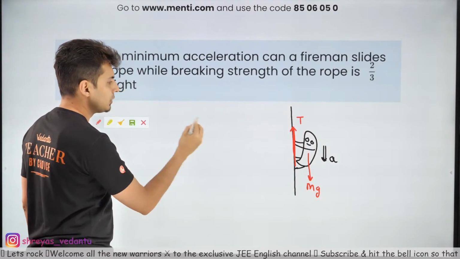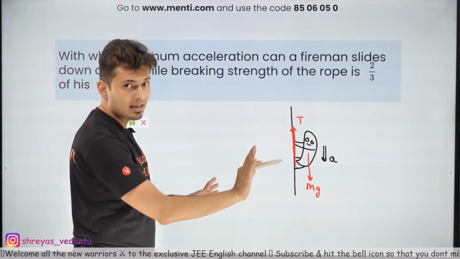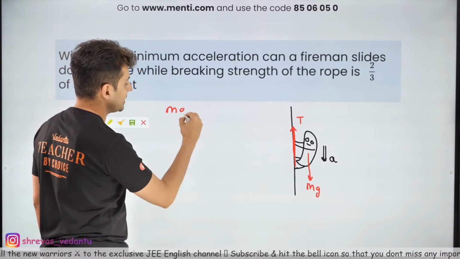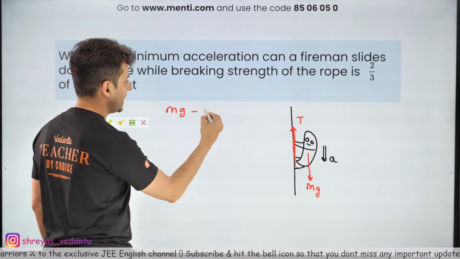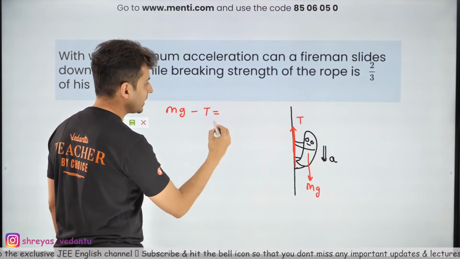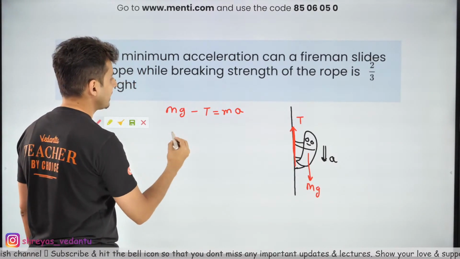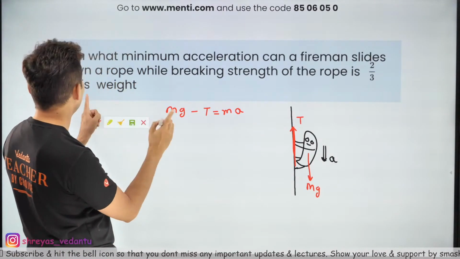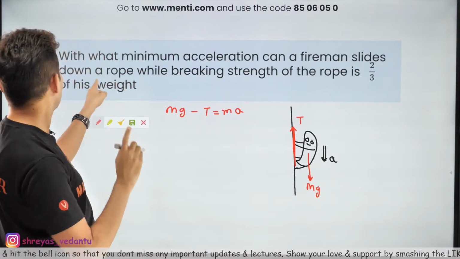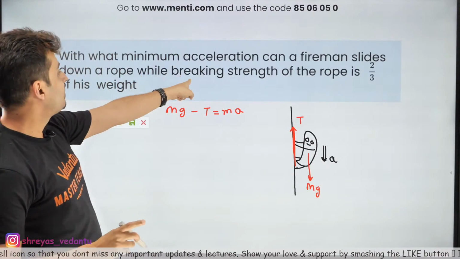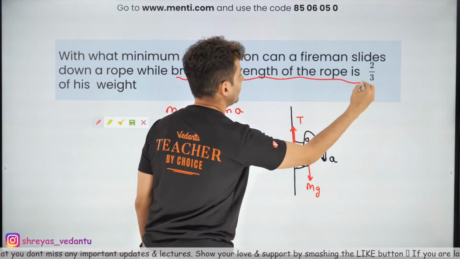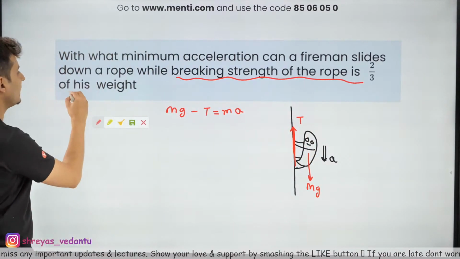Now, if you look at these forces, there is nothing else apart from this. So mg is the bigger force minus tension is the smaller force. The net force will be ma. Therefore, what is the question? Find out the acceleration. But hold on. The rope has a braking strength of 2/3 of his weight.